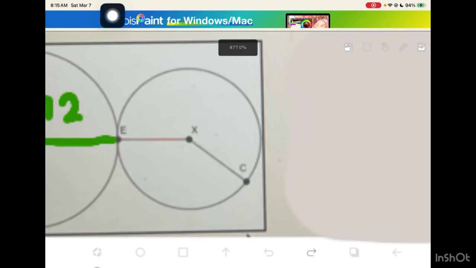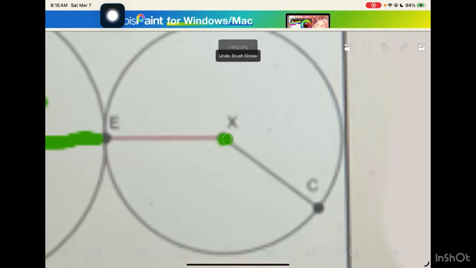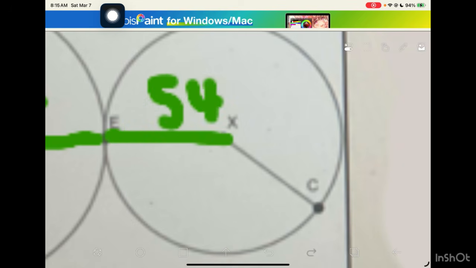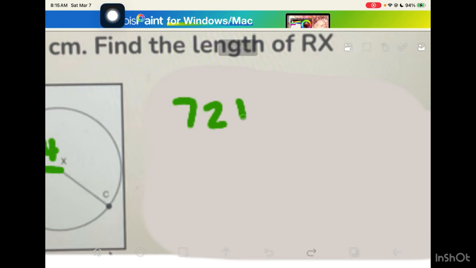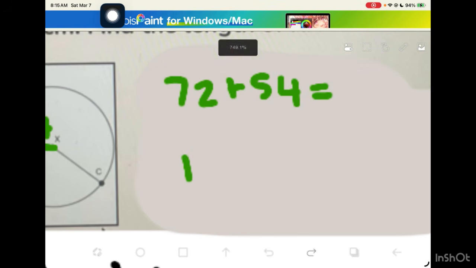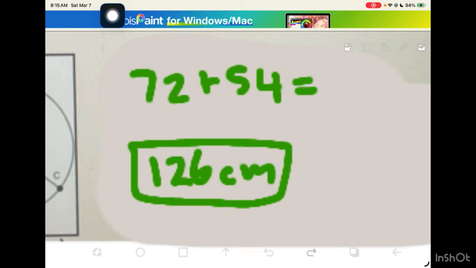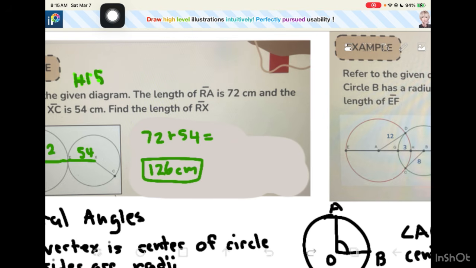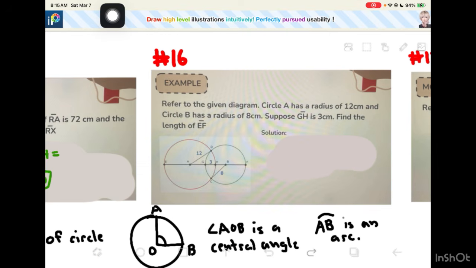Similarly, since XC is a radius and is 54, XE also means 54. So to solve for RX, it is simply 72 plus 54, which equals 126 cm. There we go. So that's basically it.